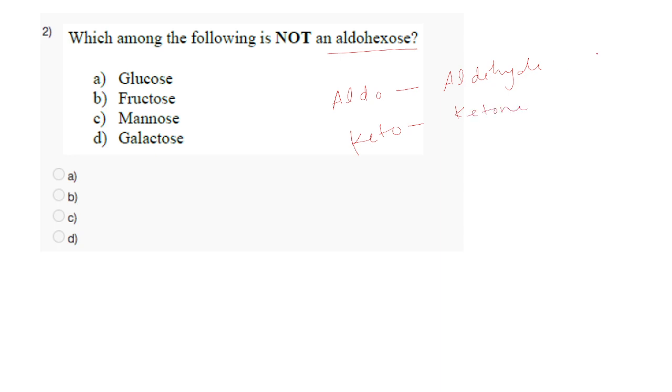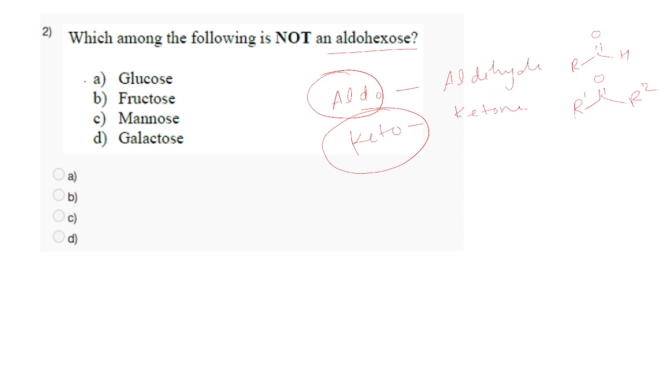So the aldehyde structure will be R CO H. Ketone will be R1 CO R2. So glucose, is it aldohexose or ketohexose? Aldohexose will have an aldehyde as a functional group. Ketohexose will have a ketone group as a functional group.